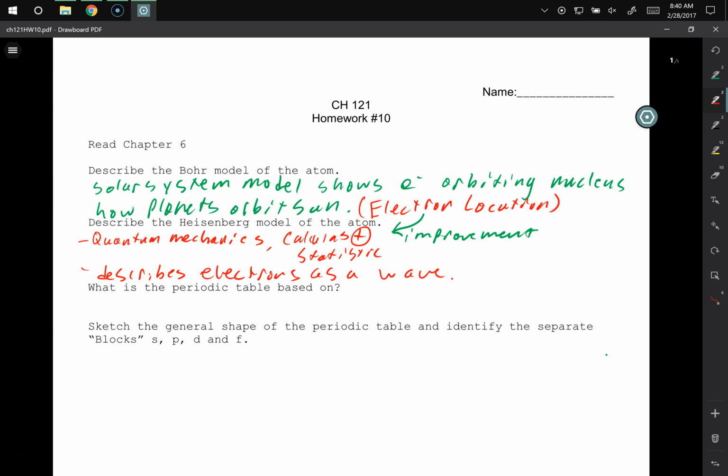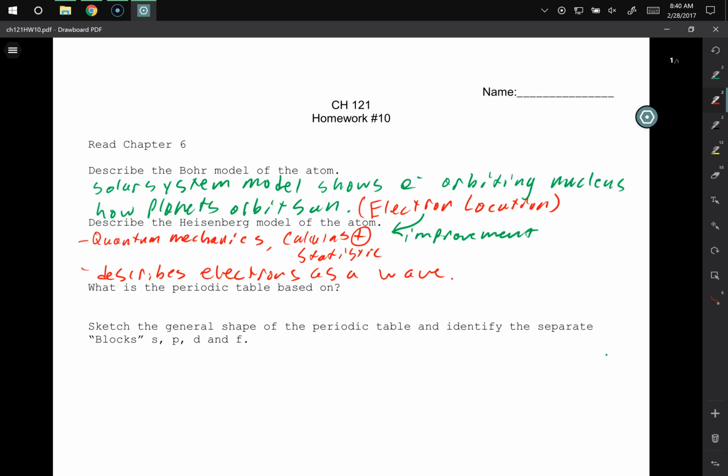No idea how it gets there, he just knows it's going to be in this area. So this is all about guessing where it's going to be with a very, very high accuracy. As opposed to Bohr's model, which said, oh, it's going to be here, and we're going to find it in this, well, not really an elliptical orbit, but an orbit around the nucleus, and they're not always there.